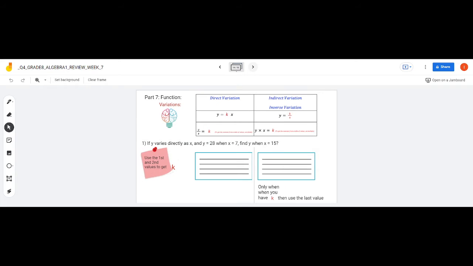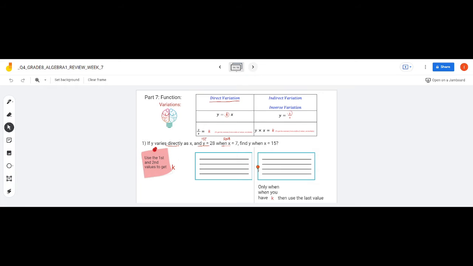Can you see that the y equals 28, that's mentioned first, and x equals 7, that's mentioned second. And here's the magic word, directly. So we use direct variation, which means we use this formula.